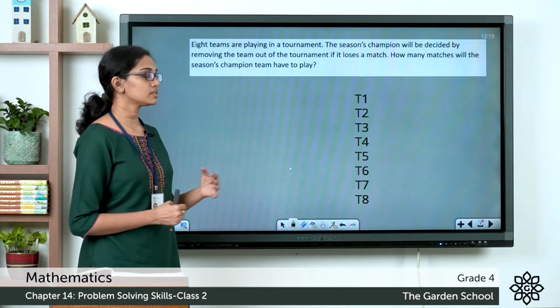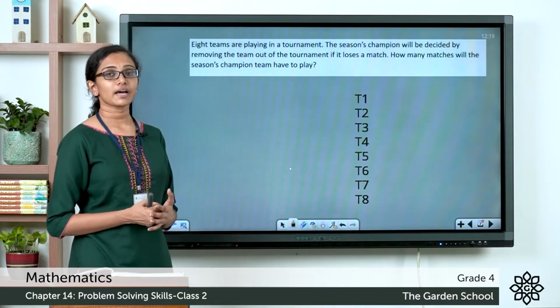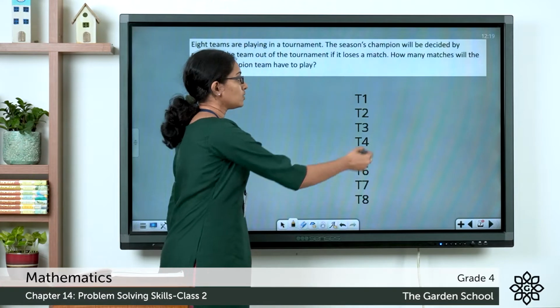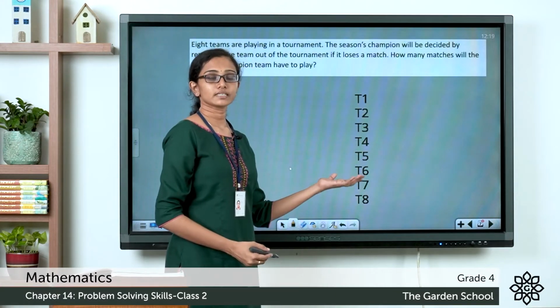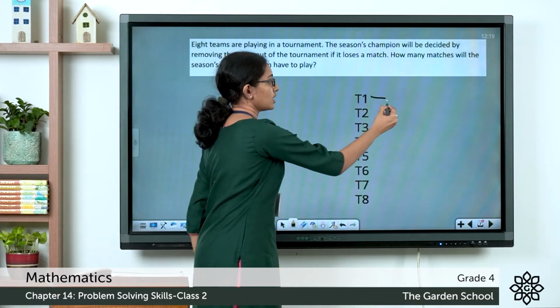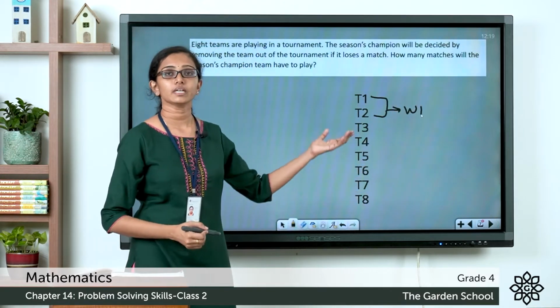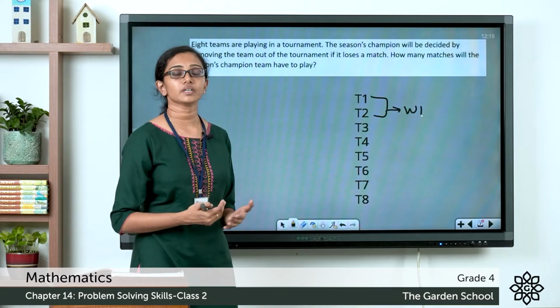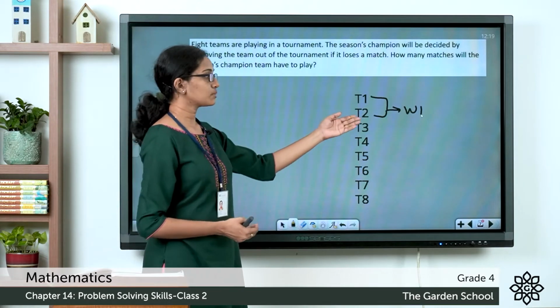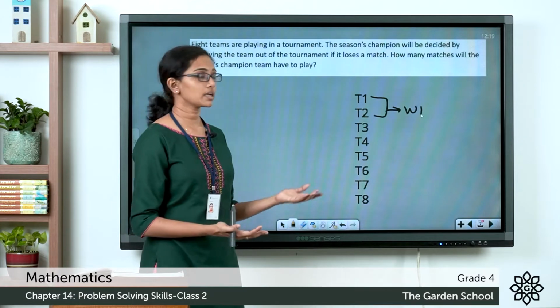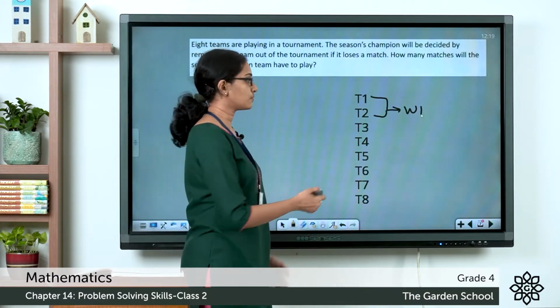So you have 8 teams and let the first match be between team 1 and team 2. Now team 1 and team 2 play the match, then there will be a winner. So let the winner be W1. Now let the next match be between team 3 and team 4.